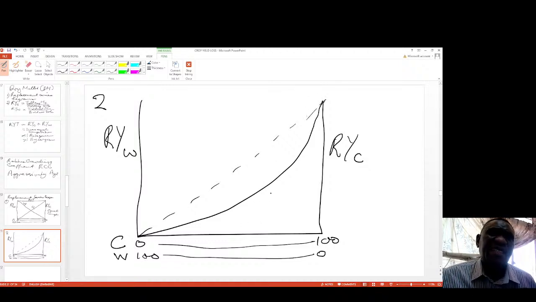And we say this C is actually concave. It has a concave shape.